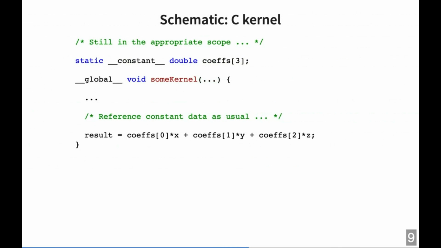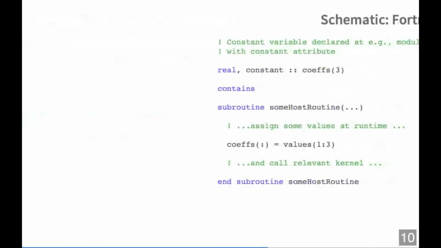So here, for example, if you're doing some computation that occurs very frequently, it may be advantageous to get fixed data into this constant memory, so access is fast rather than having it in global memory.